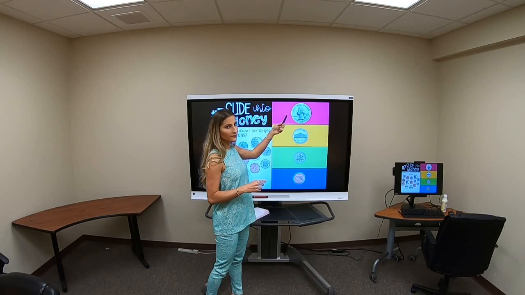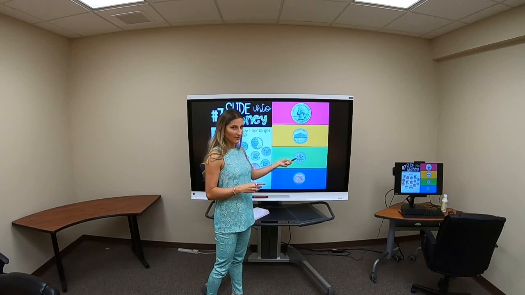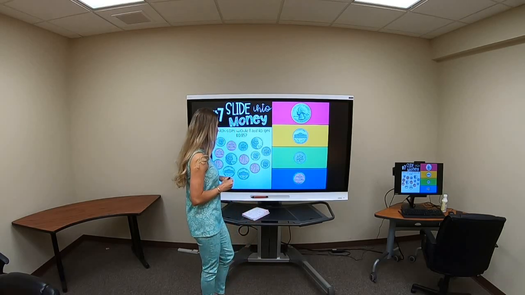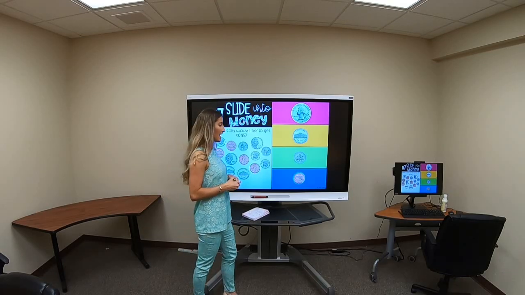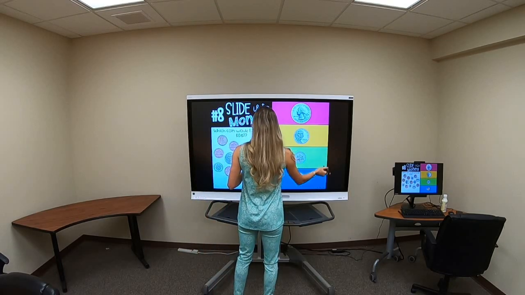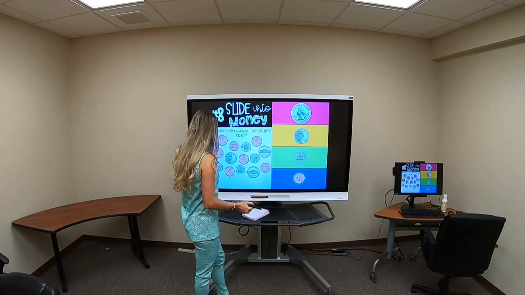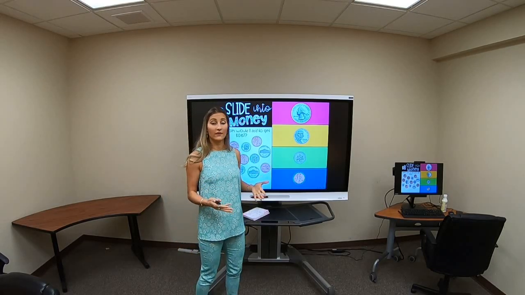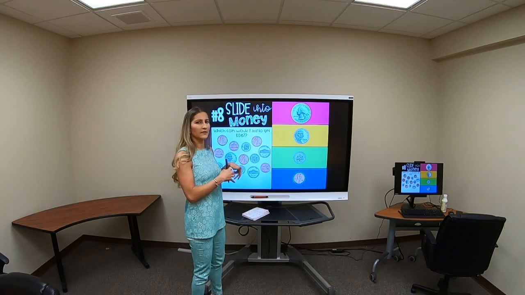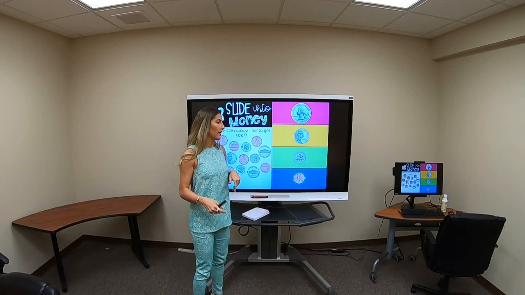So let's look over here and figure out which one's our dime. Is it this one? No. Is it this one? No. You're right, it's this one. We needed a dime because 75 plus 10 is going to get us to that 85 cents we're looking for. All right, let's look at this one real quick. Which coin would I add to get to 67 cents? Well, let's figure out on our left side how much we already have.